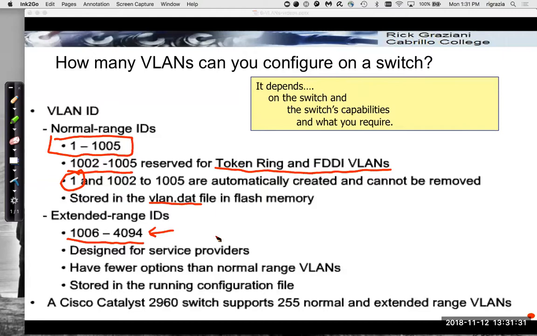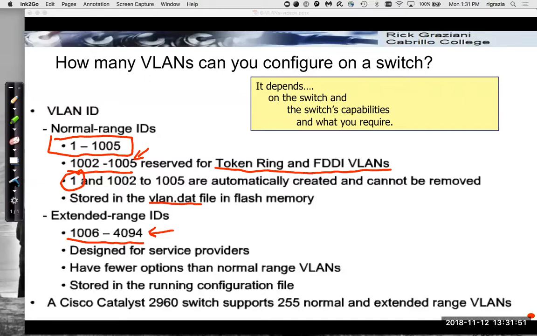So 12 bits allows us a range from 0 to 4095. 0 and 4095, we cannot use those numbers, as well as some of these others like 1002 to 1005.